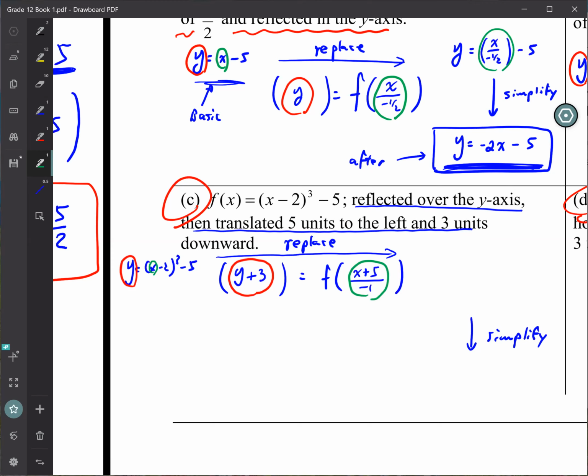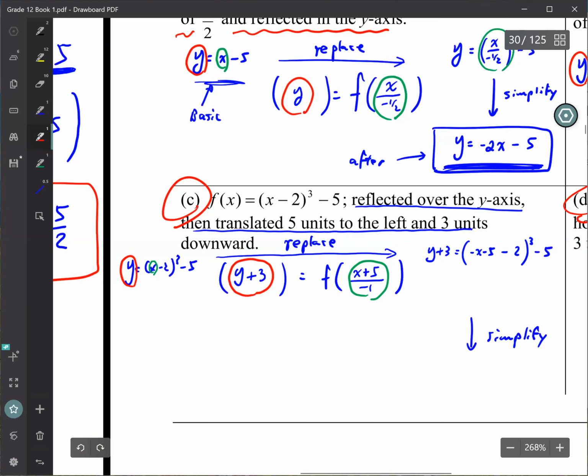So that will give you y plus 3 equals, and then the green part you can write as negative x minus 5, because over negative 1 is how you divide by negative for both, minus 2, cubed, minus 5.